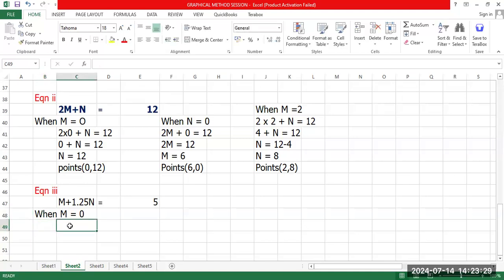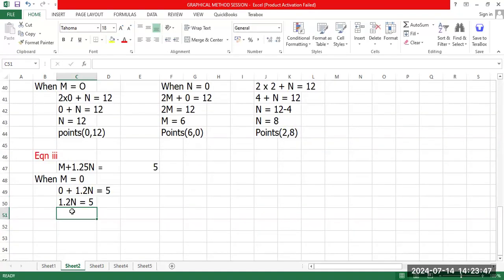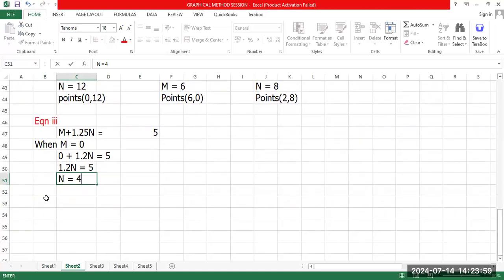When m is equal to 0, I substitute 0 plus 1.2n is equal to 5. I have those with calculator. What is n? If you get 5 divided by 1.2, 4. So this is 4. Points to plot.